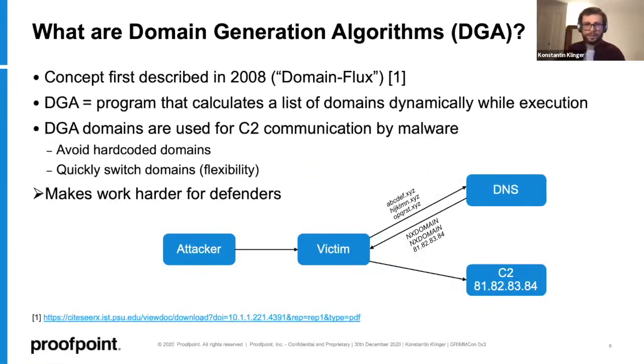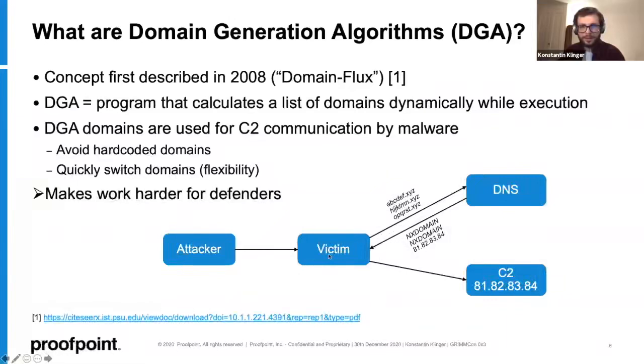Of course, attackers have to register those domains before using it as a C2 server, and in this way, they also have control in a sort of active switch in their hands. So I will demonstrate this concept in the picture. You can see an attacker that sends a malware to the victim's machine, and it runs on the victim's machine.